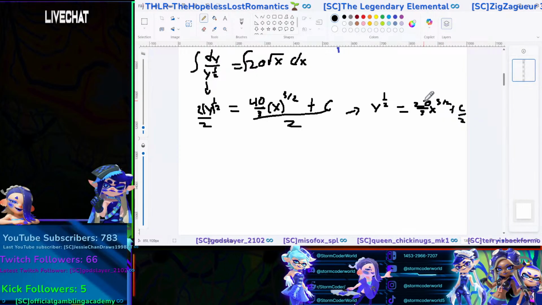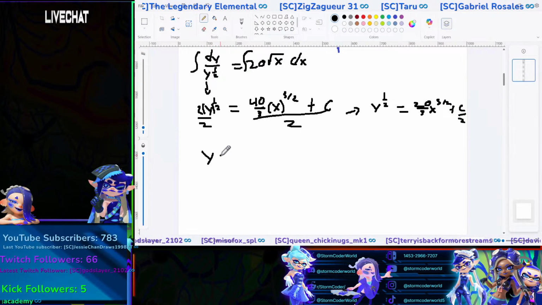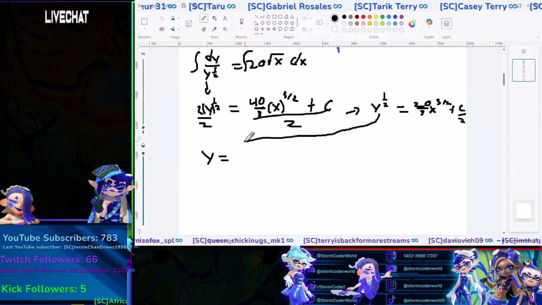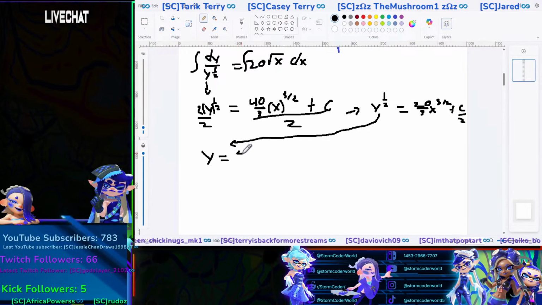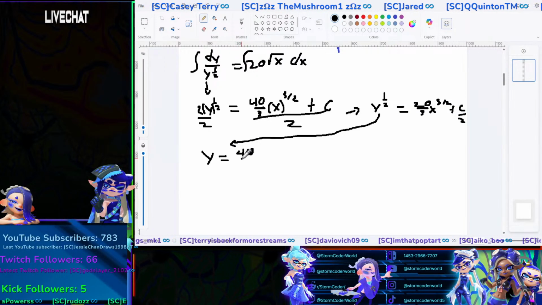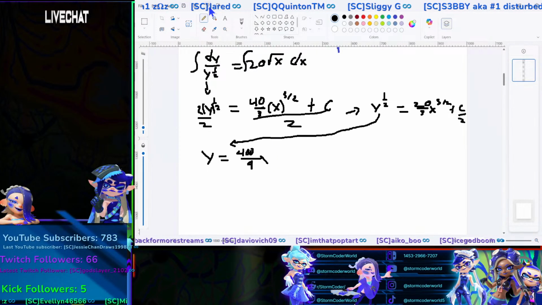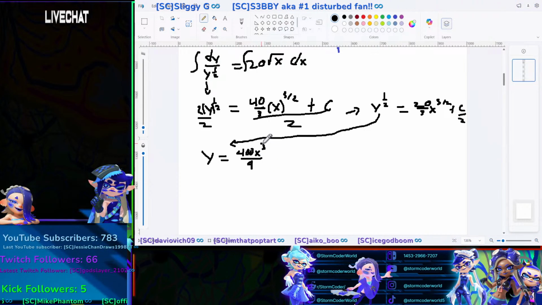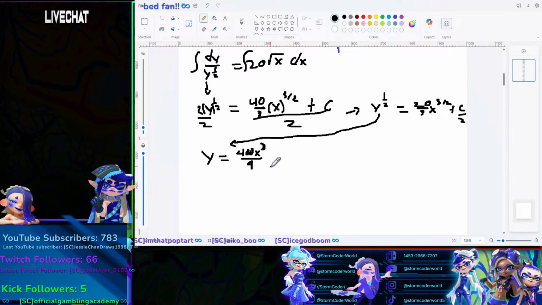So squaring this, I had 400 over 9. So I get y, in this case, is equal, and just bringing this entire function down here, I would get 400 over 9 x, I'll put the x up top, x to the third, and then this c over 2 here would be c over 4.